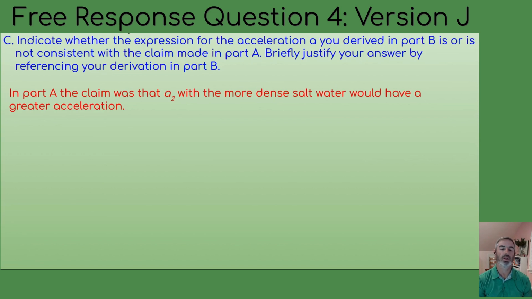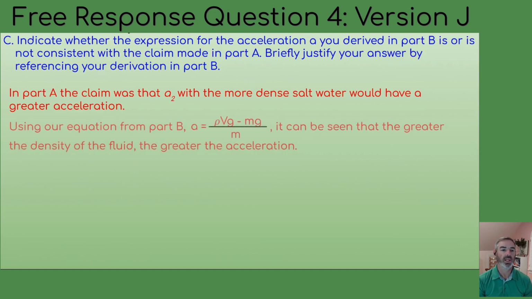So in part A, our claim was that a2 with the more dense salt water would have a greater acceleration because salt water is more dense, which means that we have a greater buoyant force. Using our equation from part B, a equals rho Vg minus mg divided by m, it can be seen that the greater the density of the fluid, the greater the acceleration.